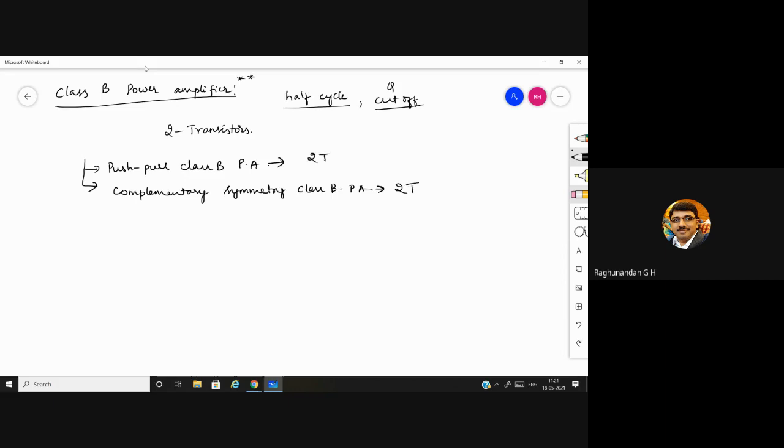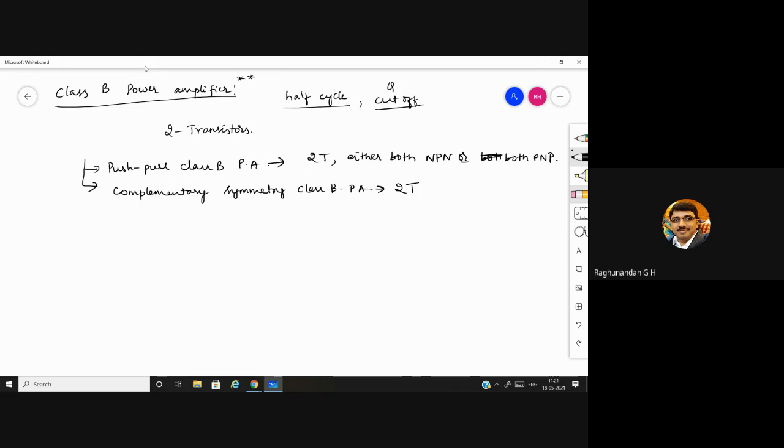Both have two transistors only. But in the push-pull class B power amplifier, we are going to use either both NPN or both PNP. As I told, there are two transistors, so both transistors will be NPN or both will be PNP.